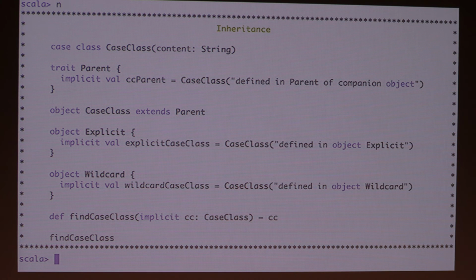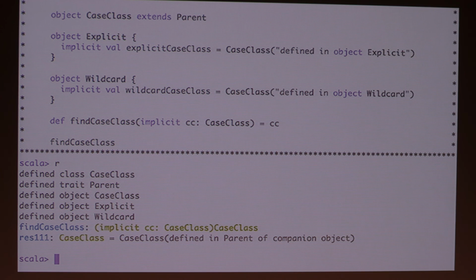Next, we have another case. What I did now is define a trait parent here, which contains an implicit val, and I use it in the companion object. This is to show that it also looks in the supertypes of the involved types. So in this case, defined in the parent of the companion object.